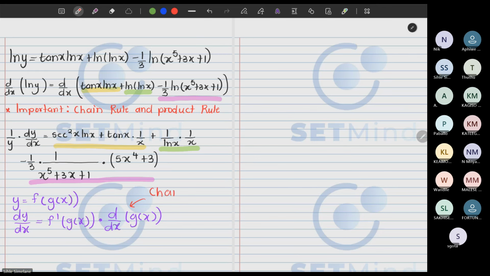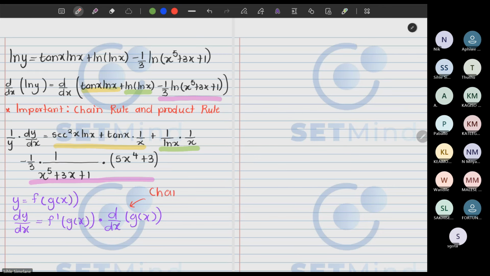Paste here. So if you look carefully from what we have above, remember we are trying to find dy dx, so we can multiply both sides by y. Multiply the left-hand side and right-hand side by y. Why are we multiplying by y? We want to remove it here so that we are only left with dy dx.